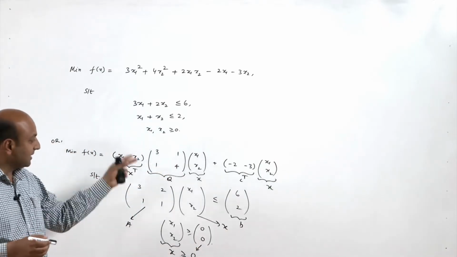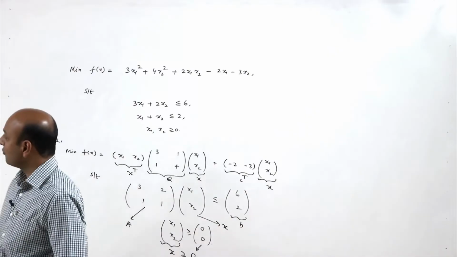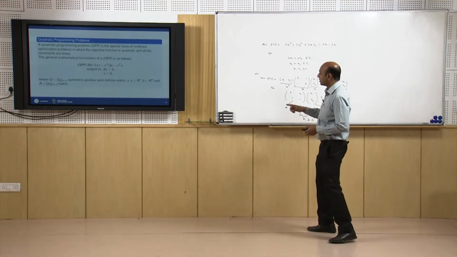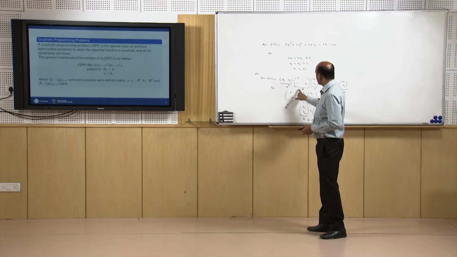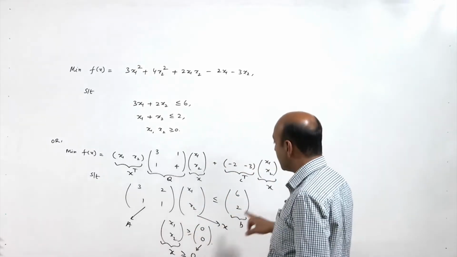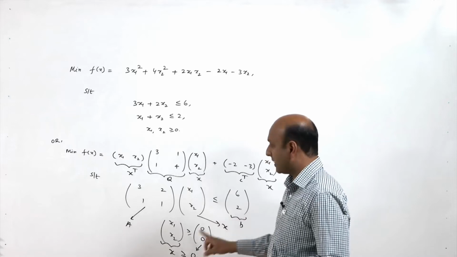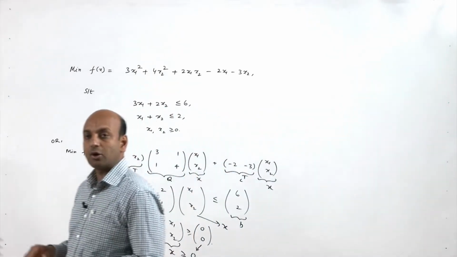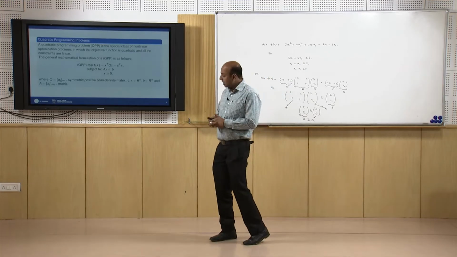So, this is the same format which we discussed here: minimize the function f(x) equals x transpose Qx plus c transpose x, subject to Ax less than or equal to b and x greater than or equal to 0. So, we can say that this problem is a quadratic programming problem.